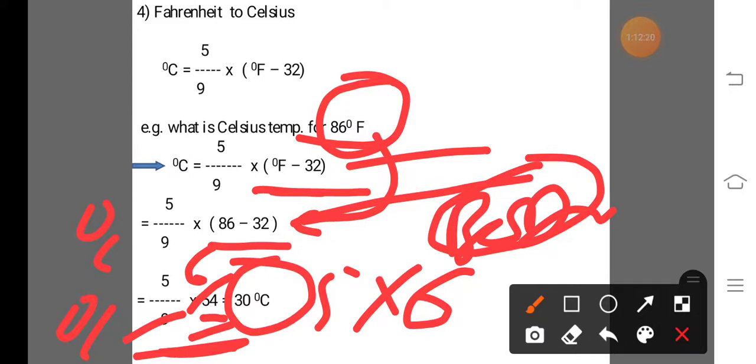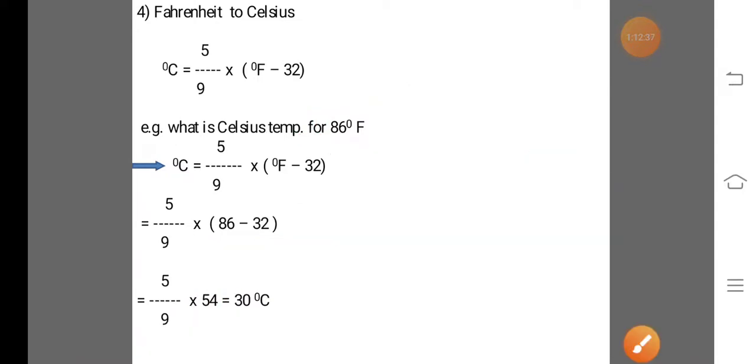That means when temperature is recorded at 86 degree Fahrenheit, at that time the temperature of the atmosphere in degree Celsius is 30 degree Celsius. So this is about the conversion of Fahrenheit to Celsius.